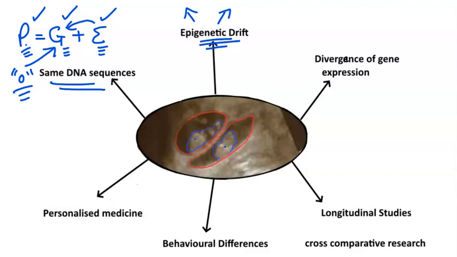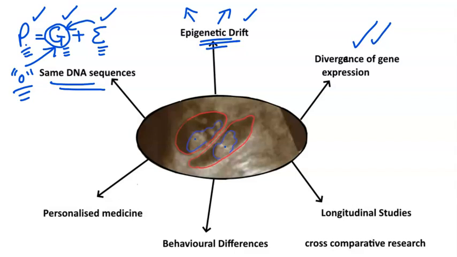Epigenetic drift is the impact on the phenotype caused by the environment affecting the genotype. Each of the two individuals of the twin experience the world in separate ways. Even if they spend a great deal of time together, they experience the world differently. And so in this drifting that occurs, we have a divergence of gene expression.